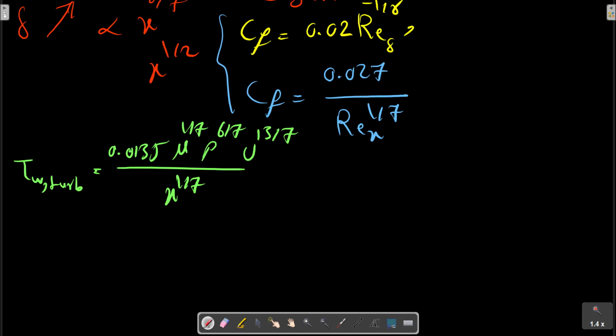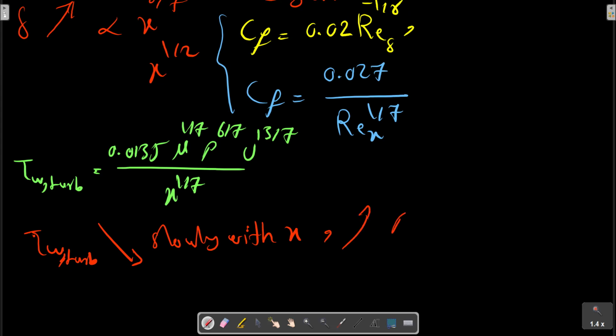Turbulent plate friction drops slowly with x. So in this case, turbulent friction drops slowly with x, increases nearly as rho and velocity square, and is rather insensitive to viscosity.